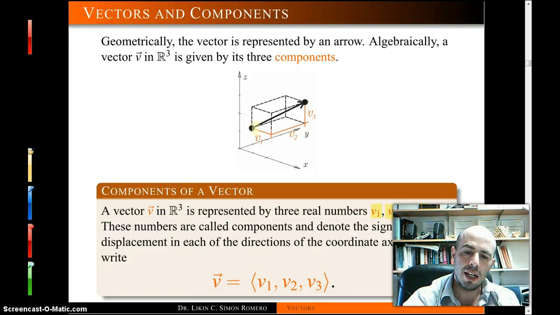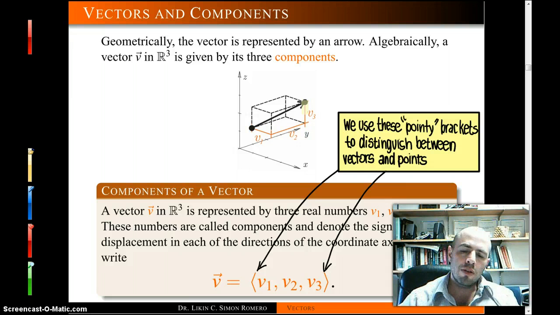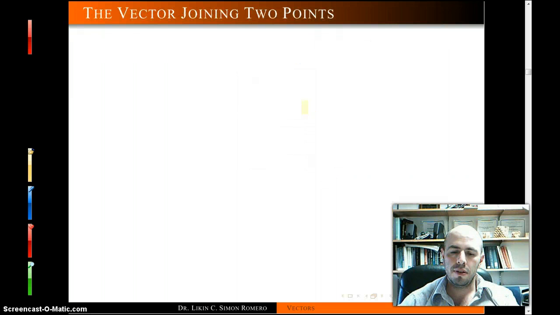Notice that in this particular drawing, B1 denotes how much we move in the x direction, B2 is how much we move in the y direction, and B3 denotes how much we move in the z direction. We use these pointy brackets to distinguish between vectors and points.